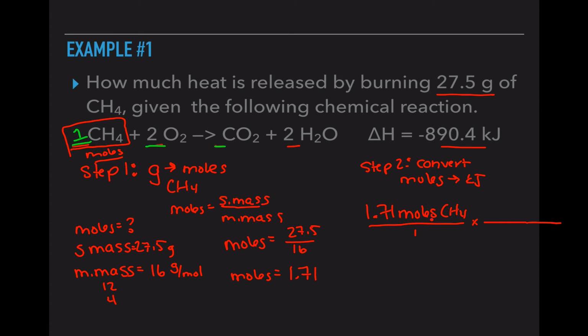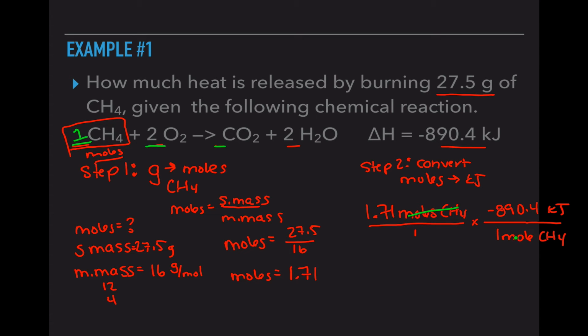So since the moles are on top, I need 1 mole CH4 on the bottom, and I need this value of heat on the top, so negative 890.4 kilojoules.